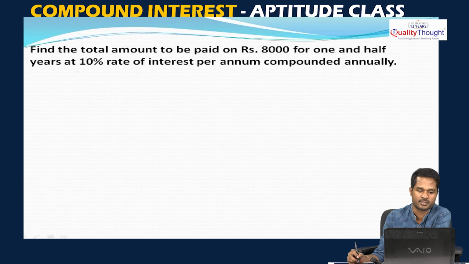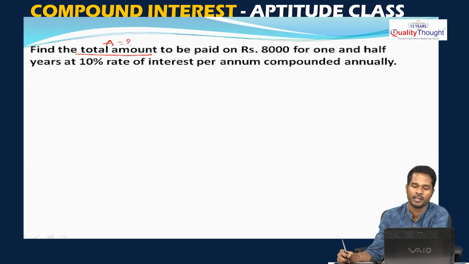The next question says, find the total amount to be paid on 8000 rupees for 1.5 years at 10% rate of interest per annum compounded annually. So in this question we need to find the total amount, that is the A value, to be paid on 8000 rupees, that is the principal amount is 8000, for 1.5 years.